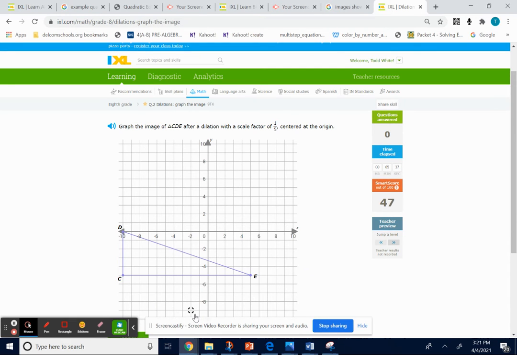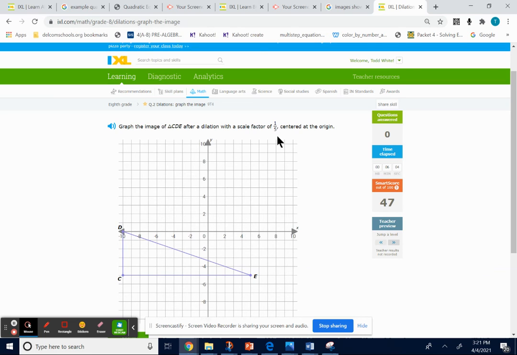So here's an example. This is what you're going to see on IXL. You're going to be given an image, and you're going to want to dilate it with the scale factor. Now, if the scale factor is a whole number, just multiply every coordinate by that whole number. If the scale factor in this problem is 1/5, you could multiply every single coordinate by 1/5.